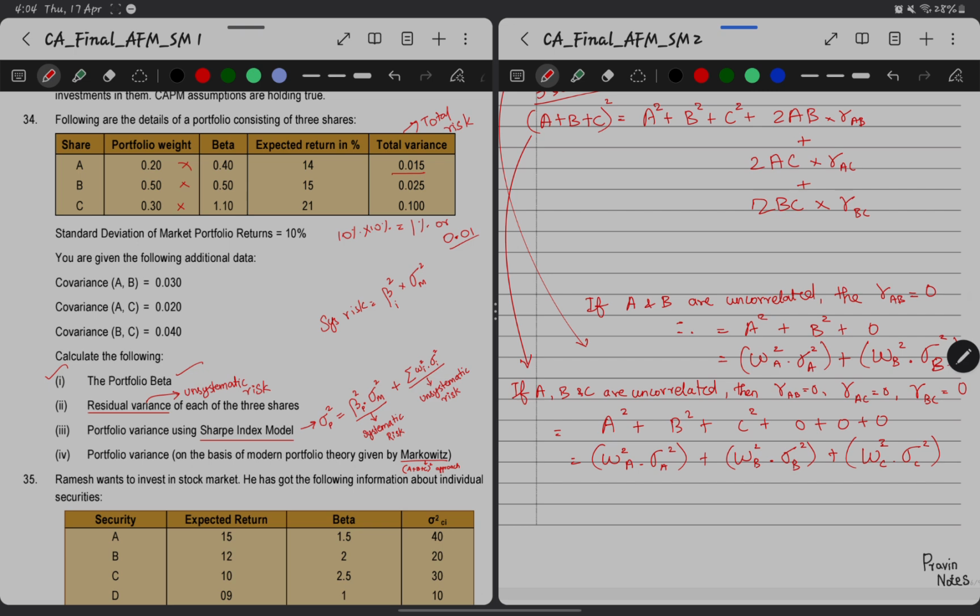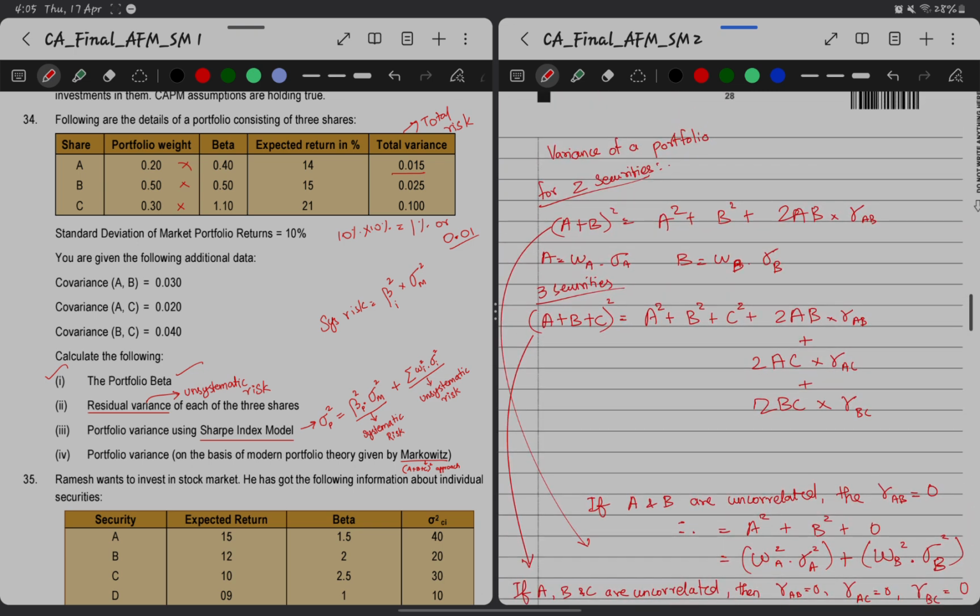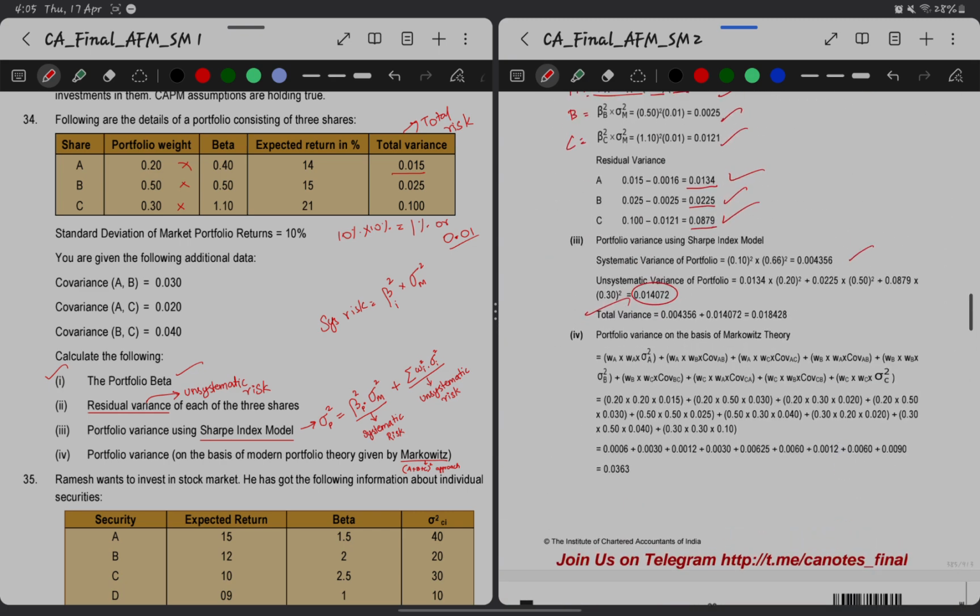A square plus b square plus c square, nothing but weight square of a multiplied by variance of a plus weight square of b multiplied by variance of b plus weight square of c multiplied by variance of c. So this is the unsystematic risk of a portfolio, right? Which is nothing but the same thing they have done here.